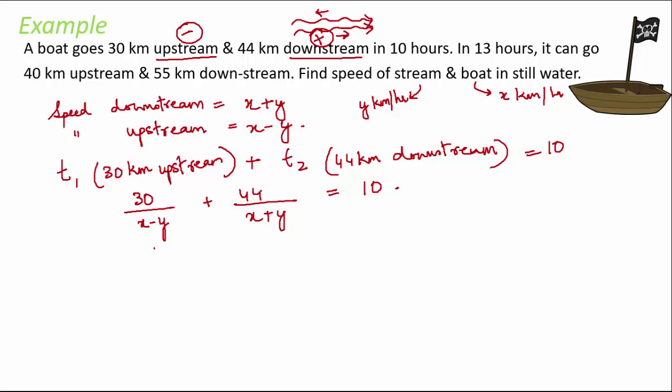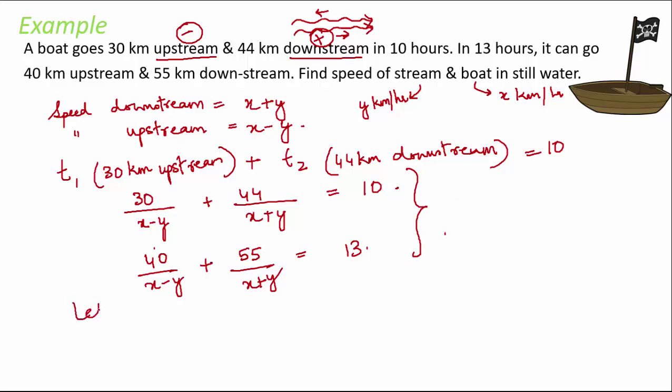Now the second equation: it says in 13 hours it can go 40 kilometers upstream and 55 kilometers downstream. That means 40 divided by x minus y plus 55 divided by x plus y is equal to 13. So now we have these two equations, correct? But they look very complicated.